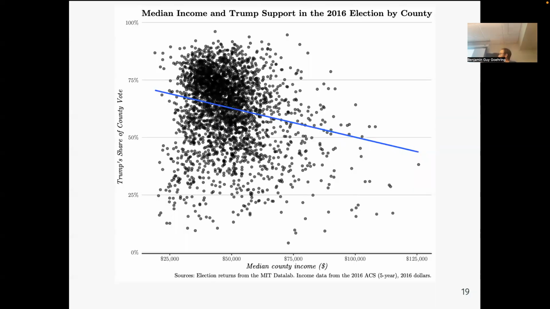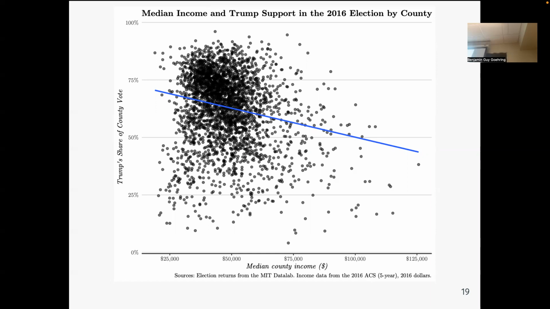So here is a way of doing that. This is a way of characterizing the relationship between median county income and Trump's share of the county vote in a linear way. So this is saying that on average, if a county's median income is $25,000, its support for Donald Trump is going to be 65%.